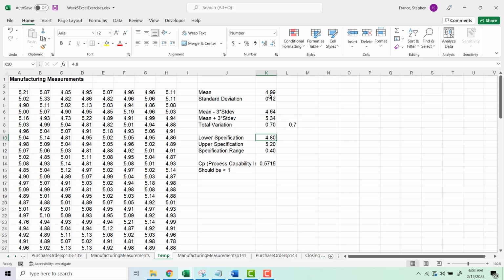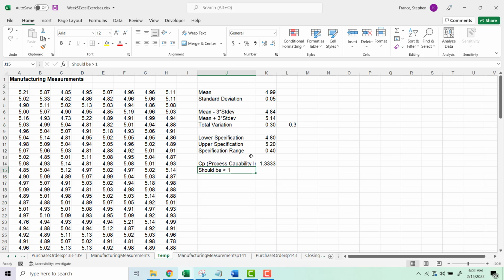So say, for example, we had a standard deviation of 0.05, then our Six Sigma would be 0.3, and our Six Sigma would lie within our specification range. So this is really relating to process manufacturing and this idea that, if we have a specification range, 99.7% of all our measurements should be within that range.